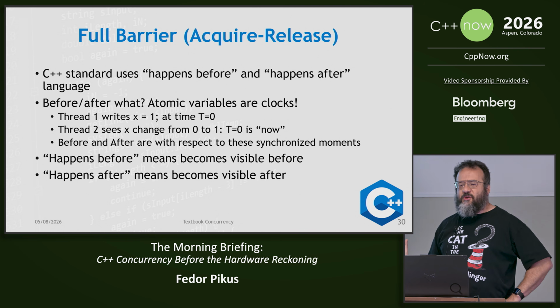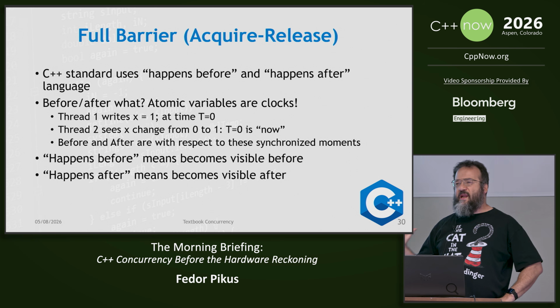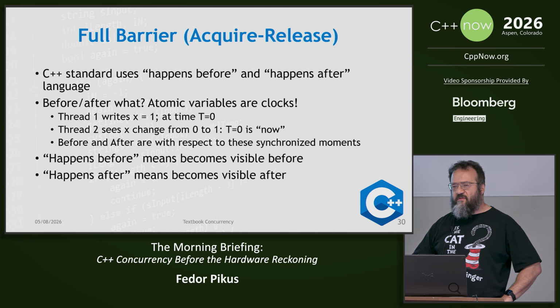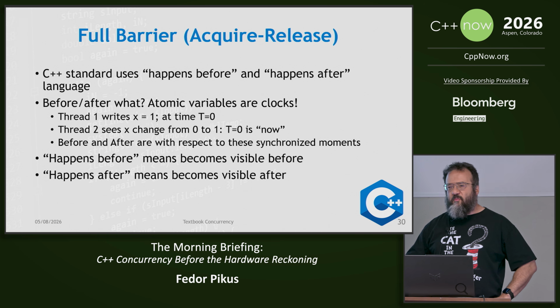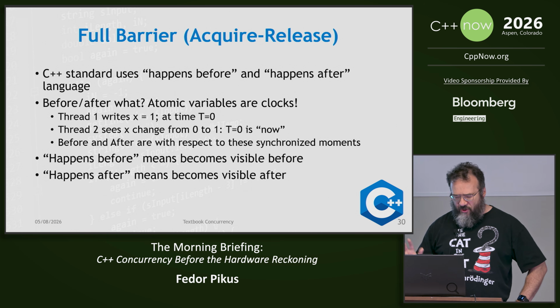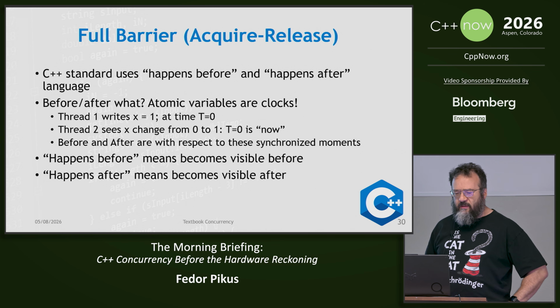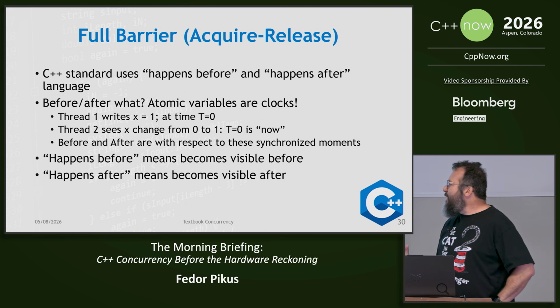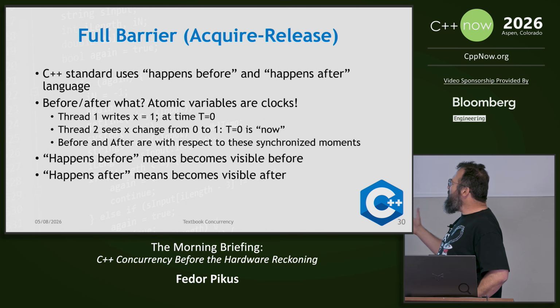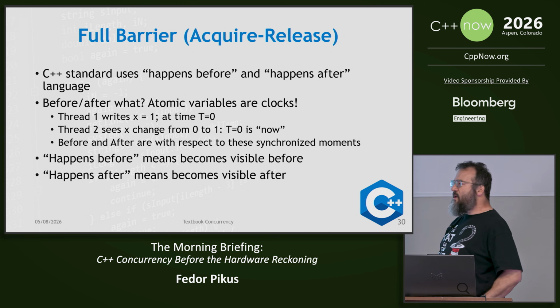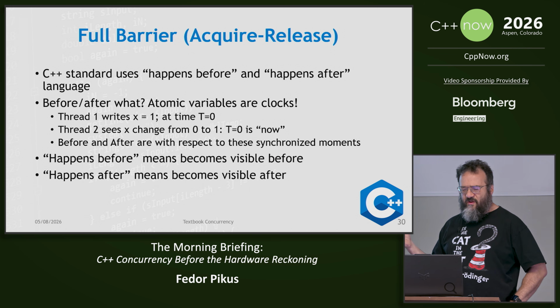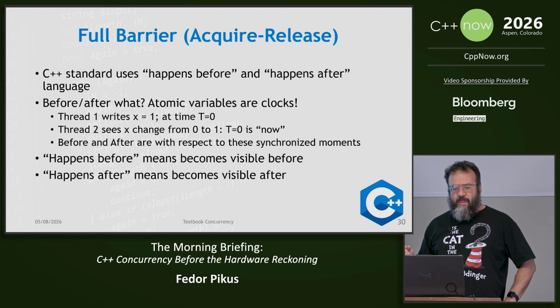Now, C++ actually doesn't say anything about now. It only uses happens before and happens after, and it turns out that's enough to build the whole rigorous formal picture of it. Happens before what, happens after what? Again, it implicitly uses atomic variables as clocks.